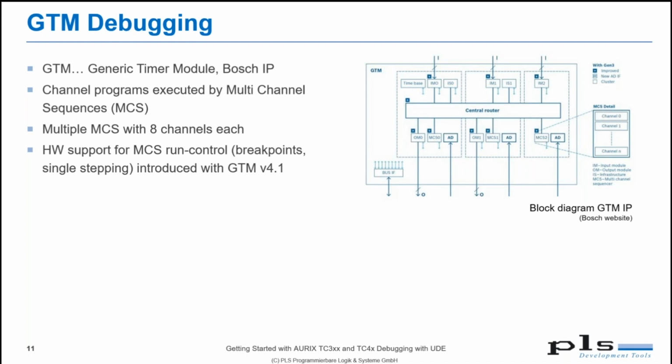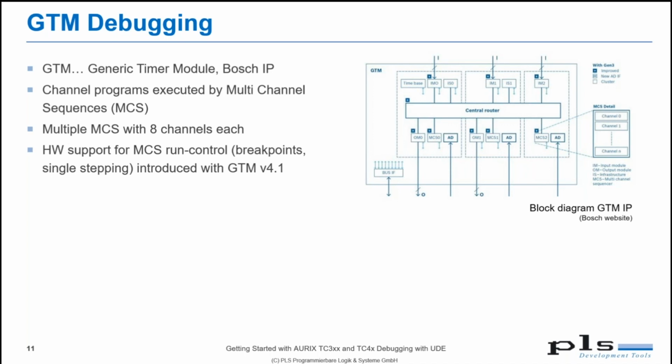For those devices only trace can be used to debug the GTM code execution, but that's not the topic for today. I'd like to show you how to debug the latest GTM version on the TC4. On TC3 and older ones, there is no GTM 4.1 available, so only trace can be used.